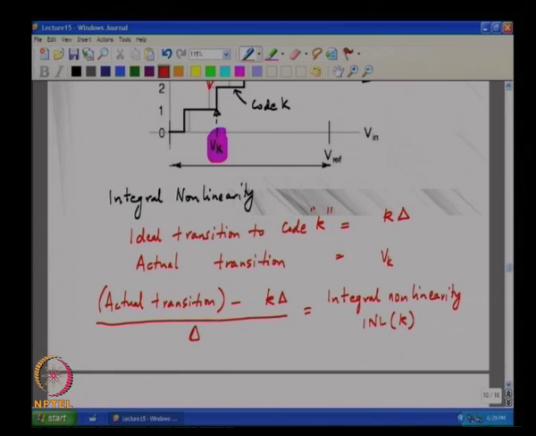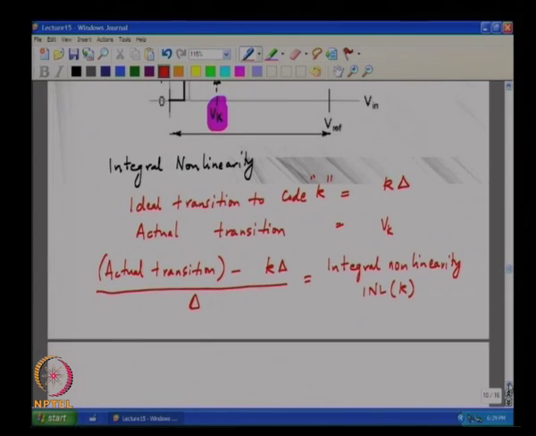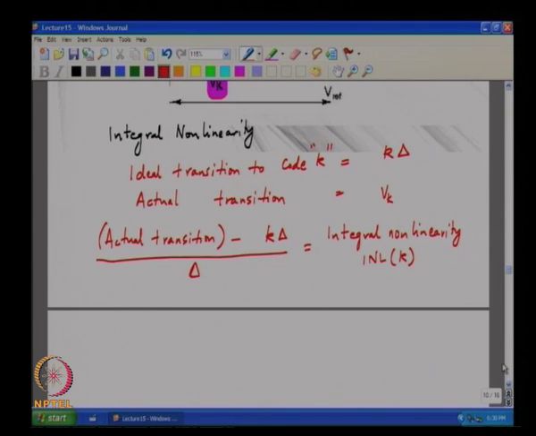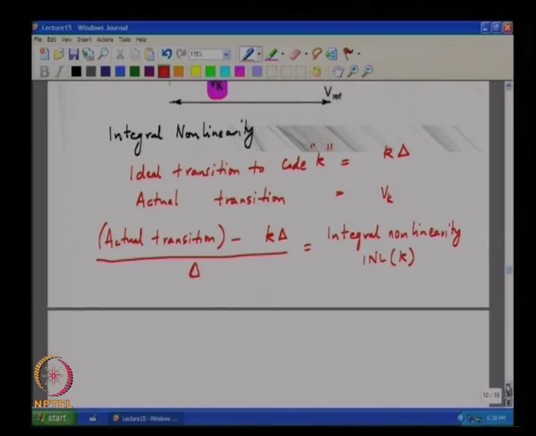I mean both are basically giving you information about the code transitions, right. So, they are not independent of one another, they are just different ways of specifying the same information, right.